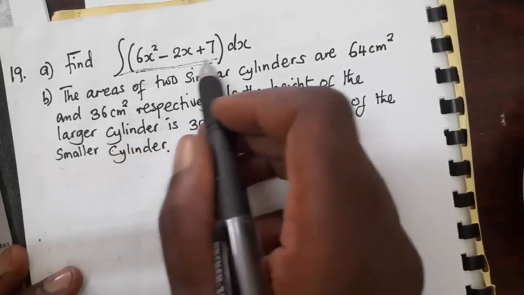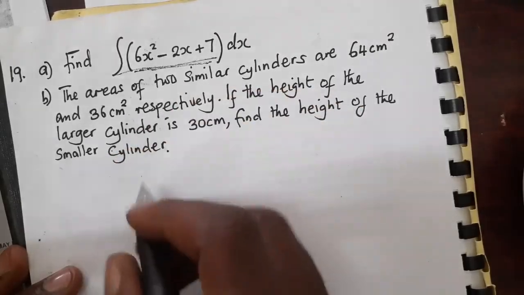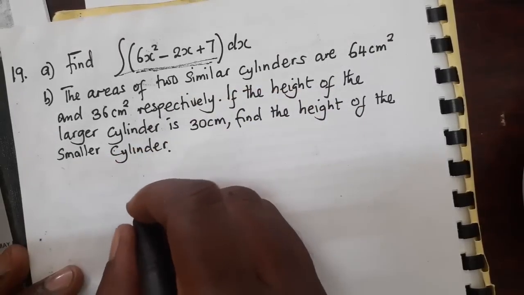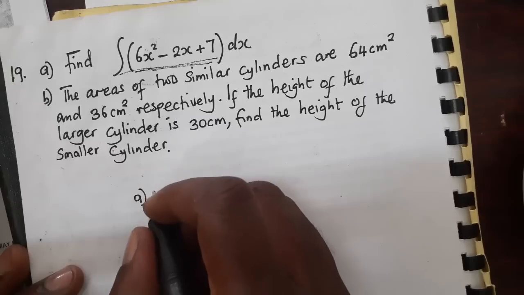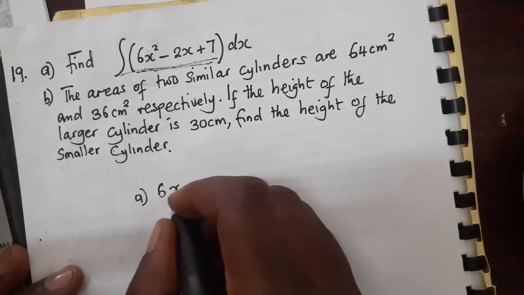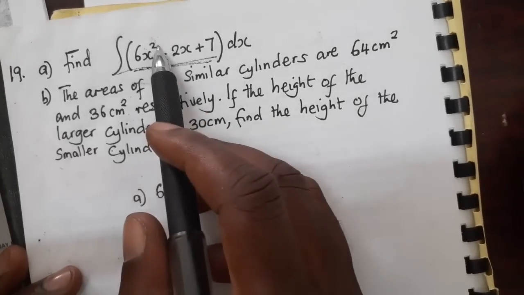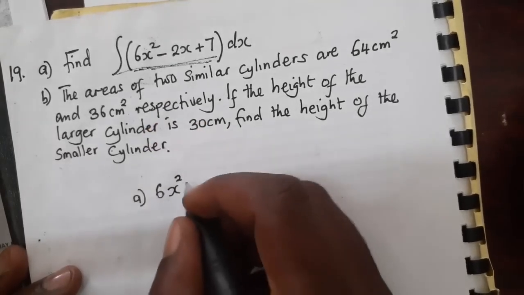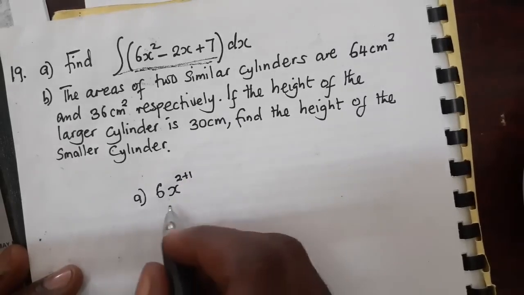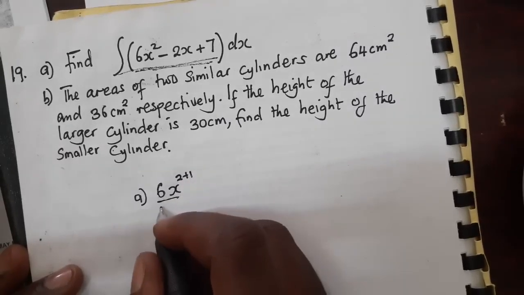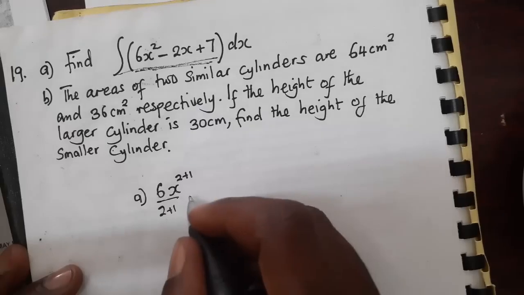How do we integrate? How do we integrate? So we are going to say a. So the integration here is going to be 6. So on this, to this power, we are supposed to add a 1. We add a 1, then again we divide this down here.